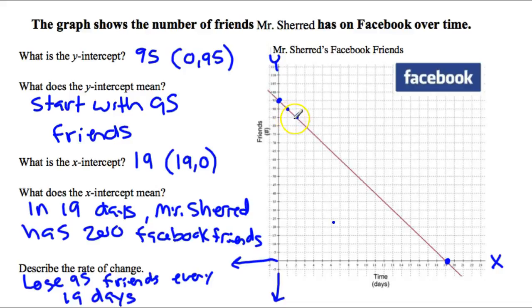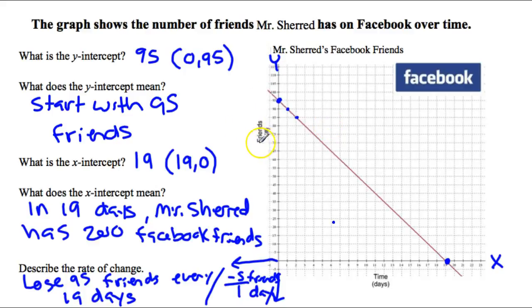So again he lost 5 friends. So you could simplify this, and that's going to be you lose 5 friends, I'll say -5, every day. So -5 friends every day. Bam.